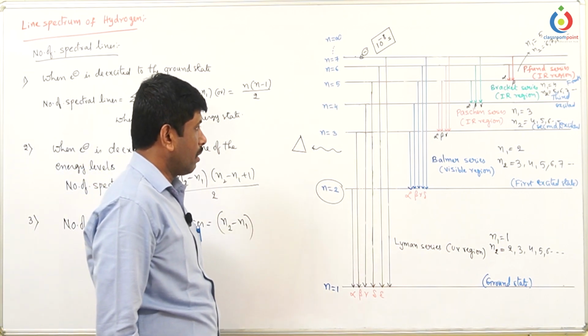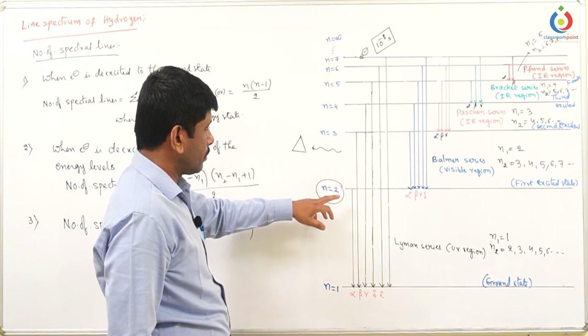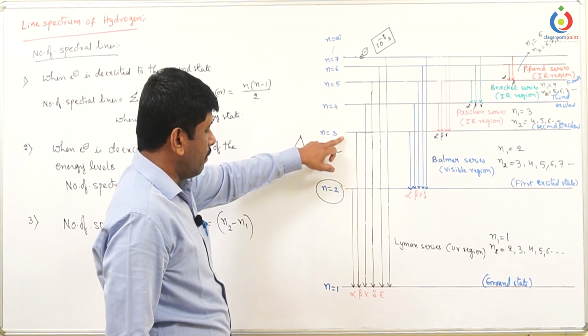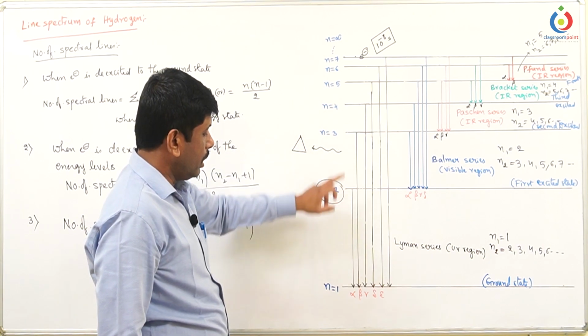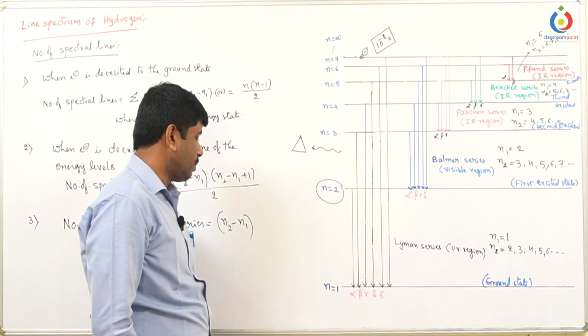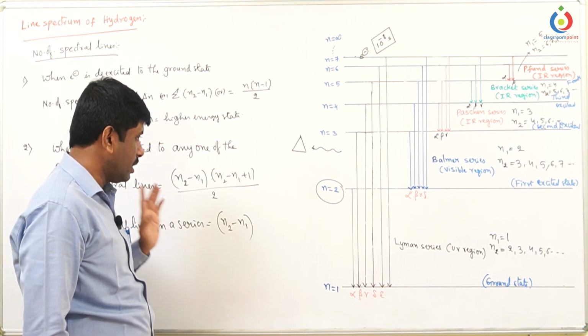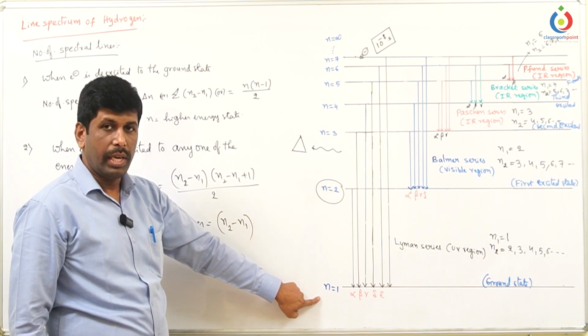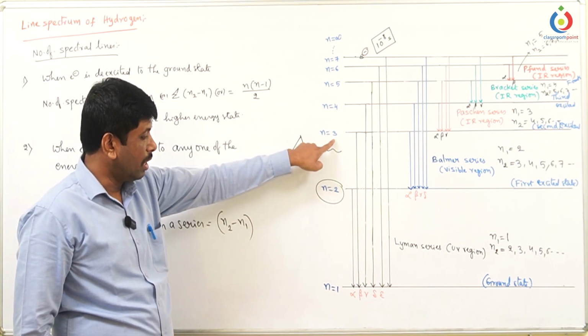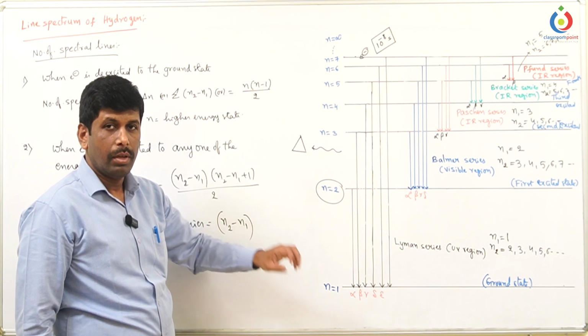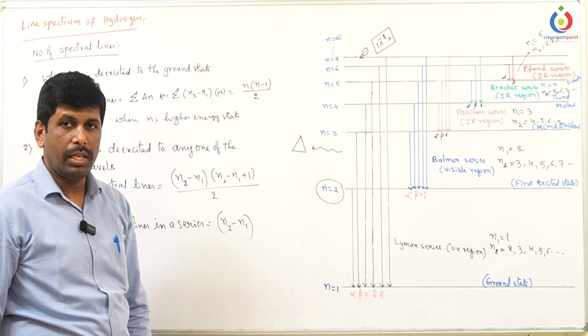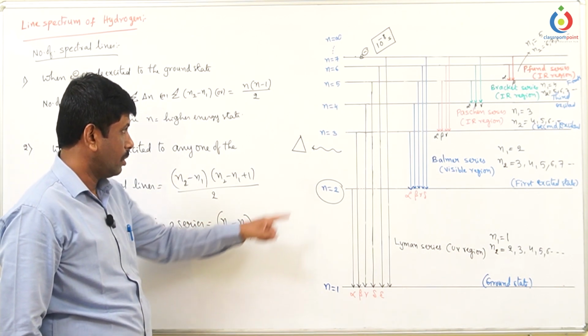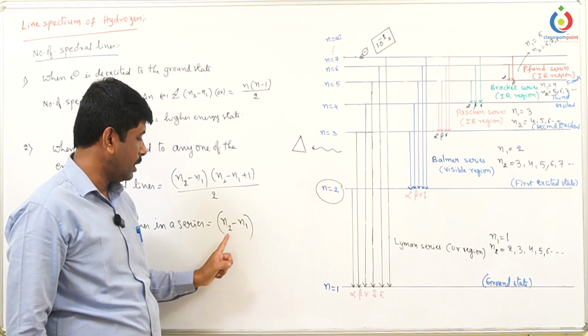Imagine when the electron is de-excited from the third energy level to the ground energy level, and I am discussing the number of spectral lines obtained in the Lyman series only, 3 to 1. So 3 minus 1 is equal to 2.